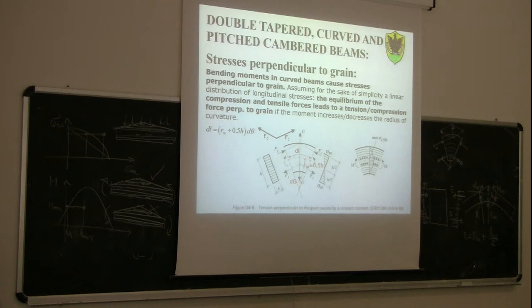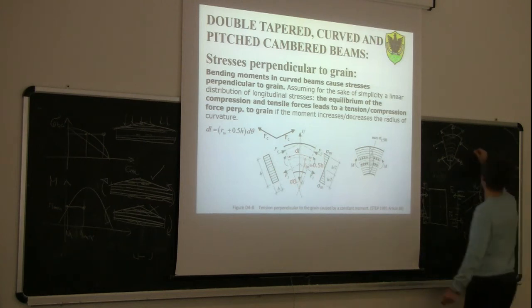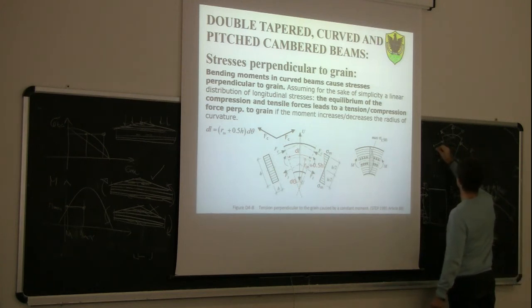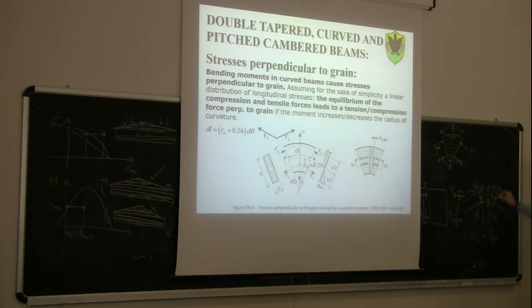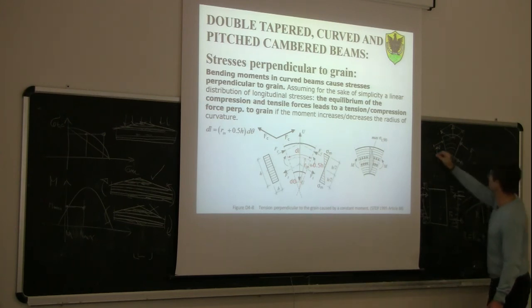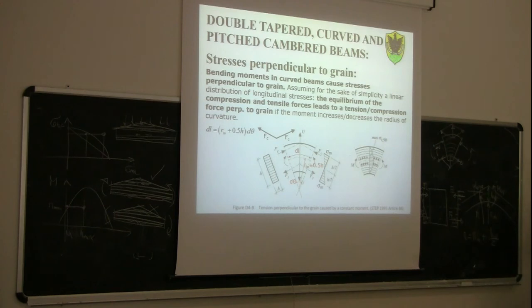Obviously, if rather than having a positive bending moment like this, we would have a negative bending moment. What would be the difference? If we have the same value of moment, but not positive, but negative. So in the end, we will have what kind of stress within the beam? Which means?